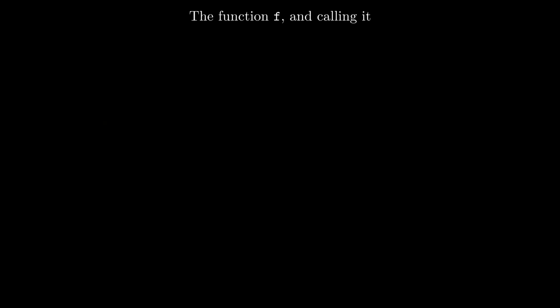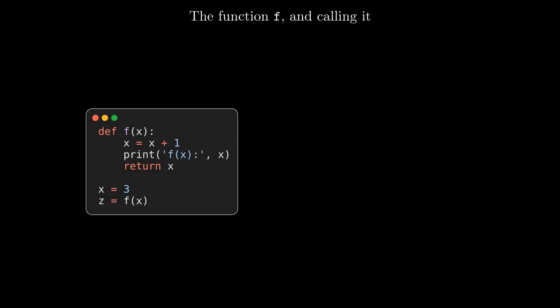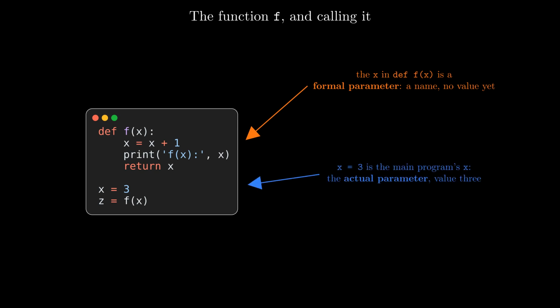Here's a simple function, f. It takes one parameter, x, adds 1 to it, prints the result, and returns the new value of x. The x in the definition is a formal parameter. When we write the function, no value is attached to it yet. It's just an abstract name used in the body. Now the main program: x = 3, then z = f(x).